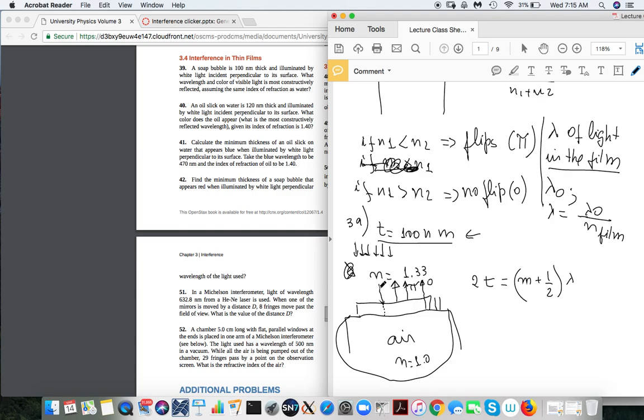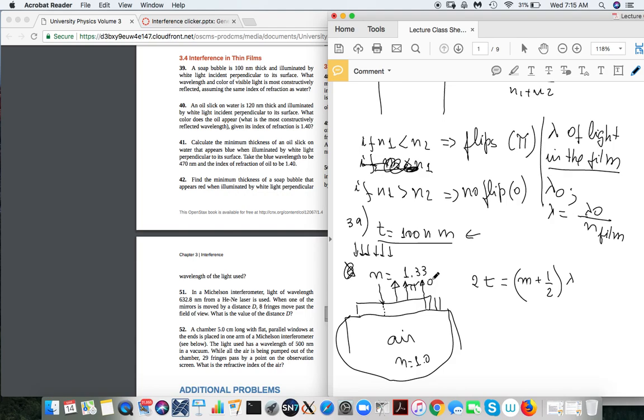So the light ray that goes through, the refracted light ray, does not flip. So we start with the electric field in a given direction, it refracts with the electric field in the same direction. And since it now reflects off the inner part of the bubble, it does not flip when it reflects.